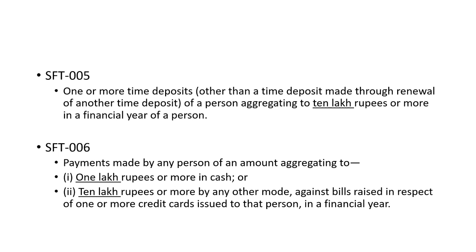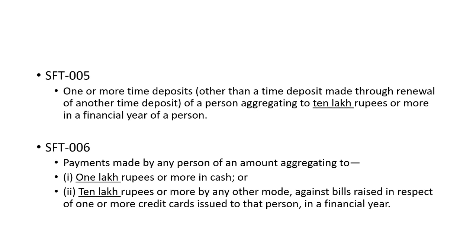SFT 005, one or more deposits other than the time deposit made through renewal of another time deposit. Suppose a time deposit is withdrawn and renewed again, that will not come, but if a new deposit is made aggregating to more than 10 lakhs, it will be disclosed here. Payments made by a person aggregating to 1 lakh rupees or more in cash. More than 1 lakh, cash payment is not allowed at all.